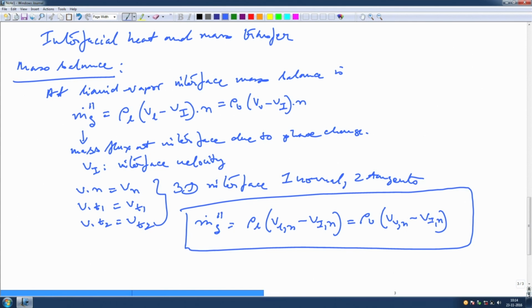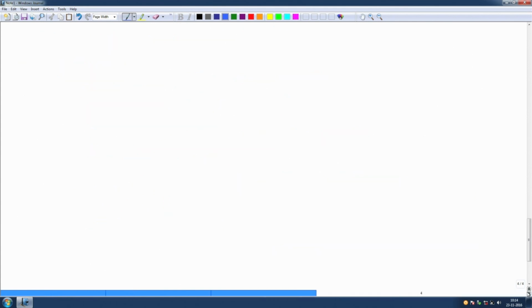So, now let us look at the momentum balance. If we start writing out the momentum balance, it includes all the surface tension forces, because they should come from the momentum balance here. Now, the normal momentum balance will be something like this.